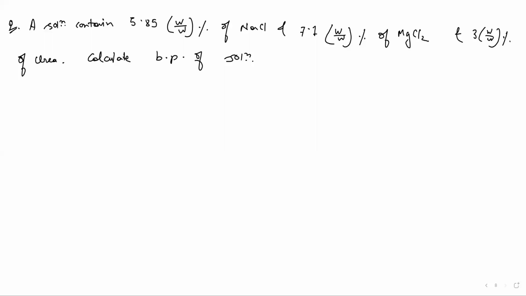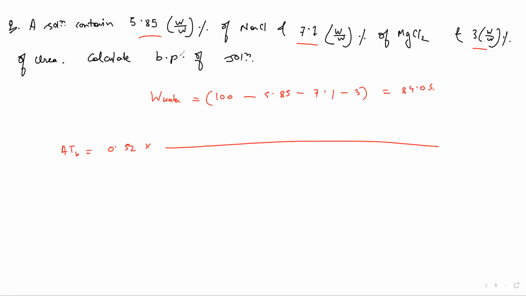Completed this one. Now look, first of all, find out the weight of water. How can you find it? 100 minus this one, minus this one, and also minus this one, 84.05. Now del TB value is 0.52 into, here three solutes are there, so three solute parts you have to consider. In this case, NaCl gives 2 ions, that's why 2, 5.85 given mass by molar mass 58.5.